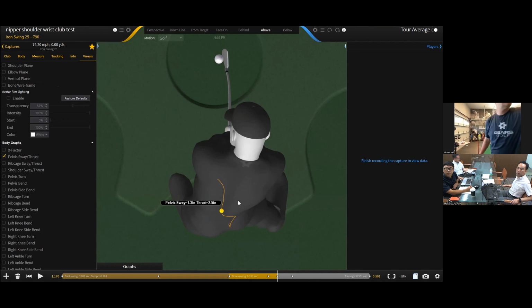And you can see that I've thrust 2.5 inches toward the ball. So you would think that that would make the ball move towards the heel. But the handle raising up is pulling this towards you, and then your pelvis thrust is moving you toward the ball. So they're both working in opposite directions. See that? Yep.